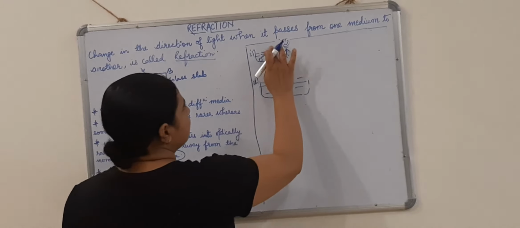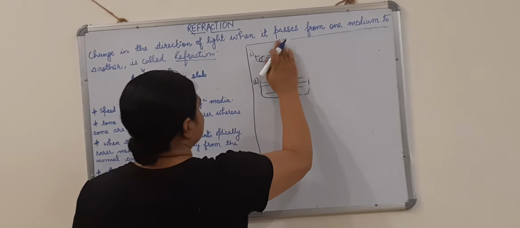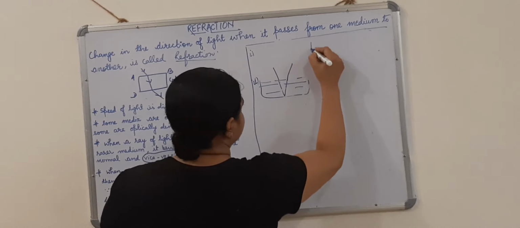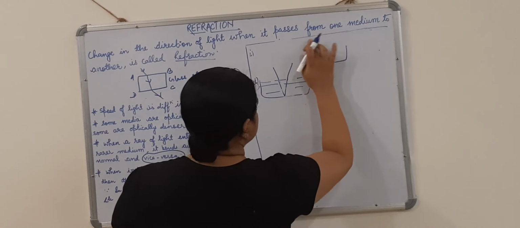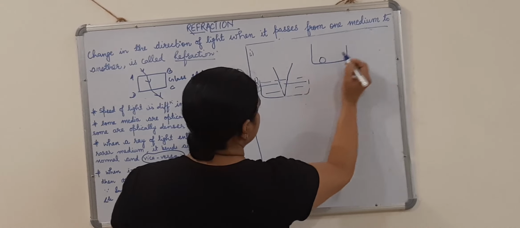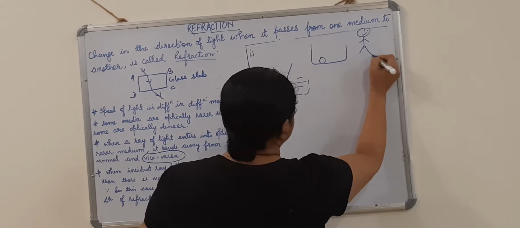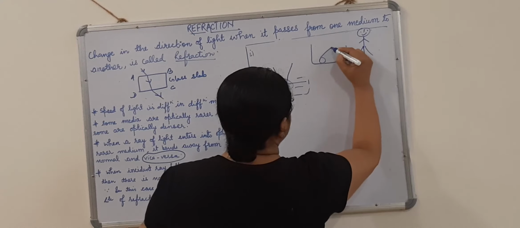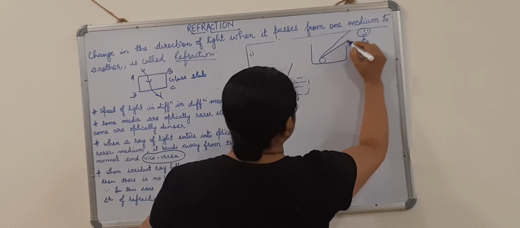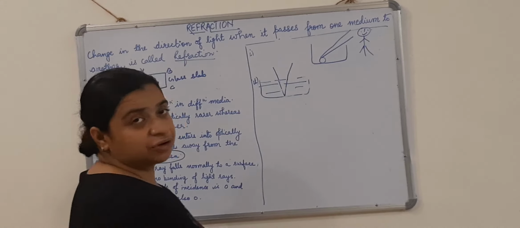Let me draw it neatly. This is a glass tumbler, here was the coin, you were standing here. Now the light rays are not reaching your eyes.